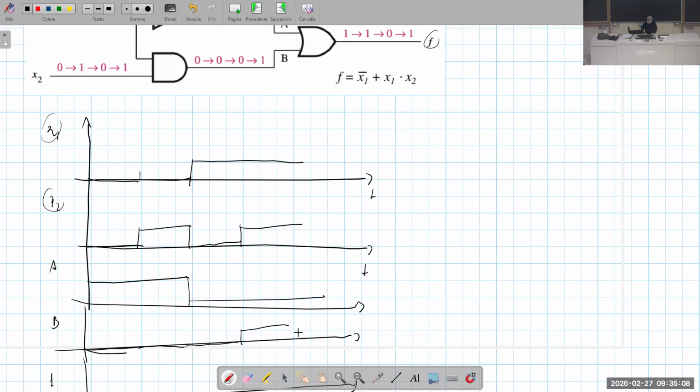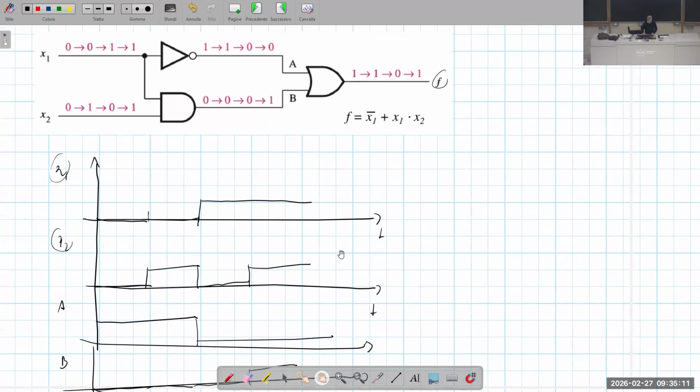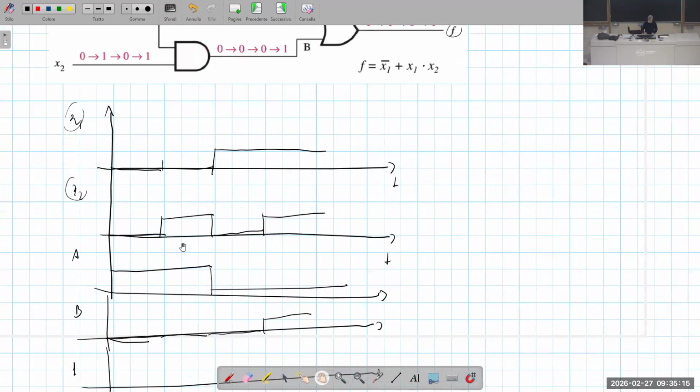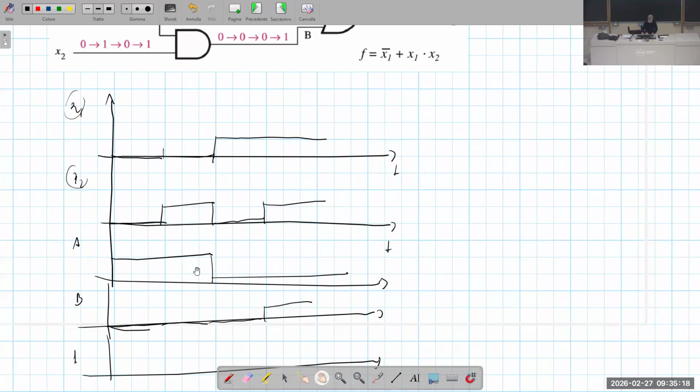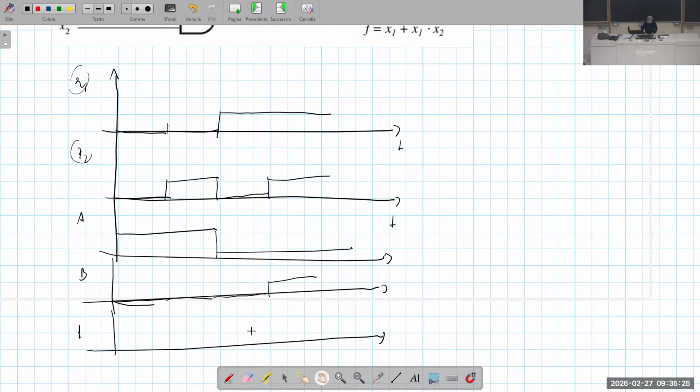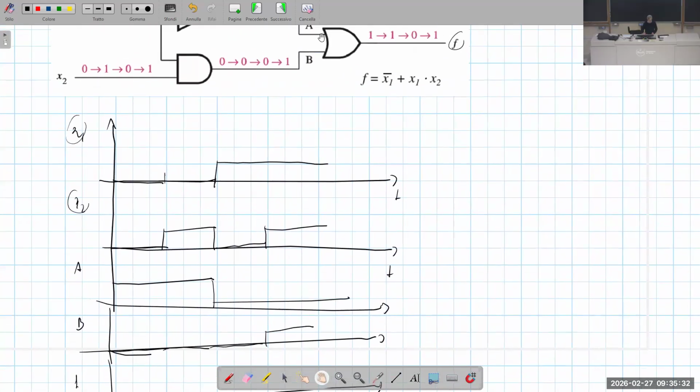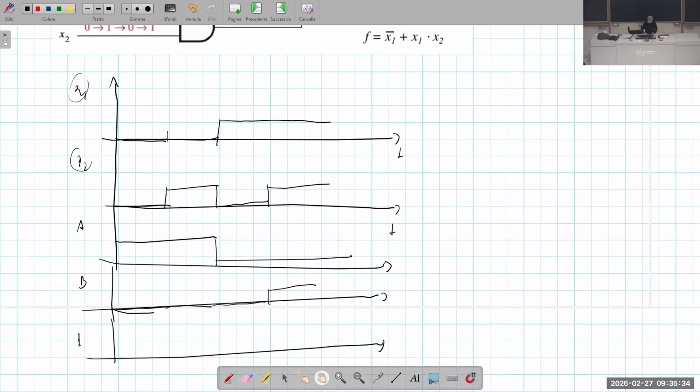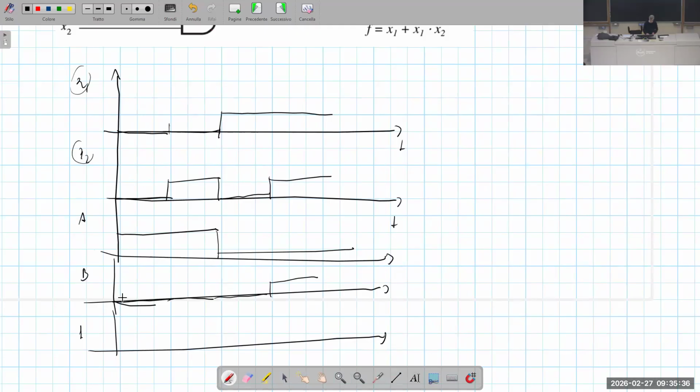For instance, in this case, the inputs of the OR gate are the A and B signals that we have evaluated here, whose timing diagram is shown here, and based on that, we can finally get the value of F. F is A or B. So when A is 1 and B is 0, F is 1.